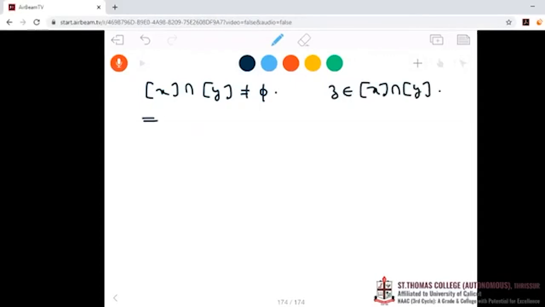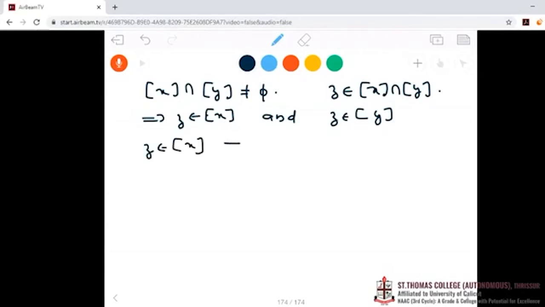So there is at least one element, say z, in class x intersection class y. This means z is in class x and z is in class y. If z is in class x, we can express z as x plus some x1, where this x1 is an element of E1.